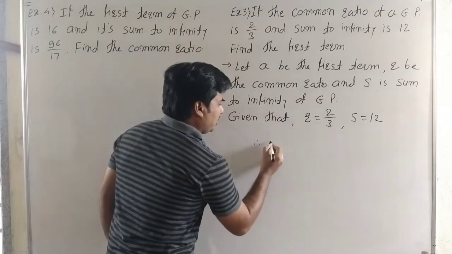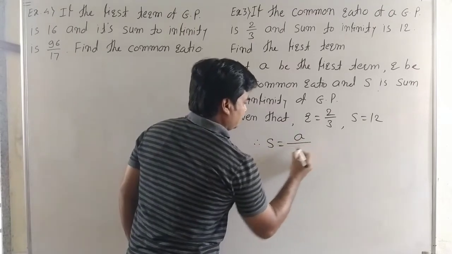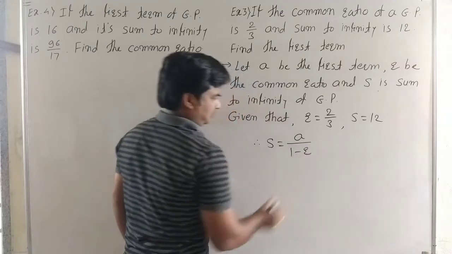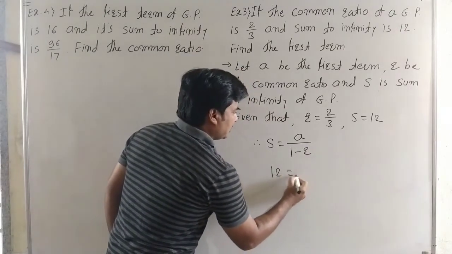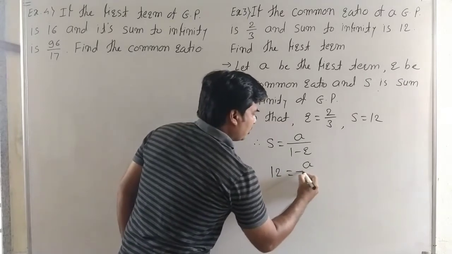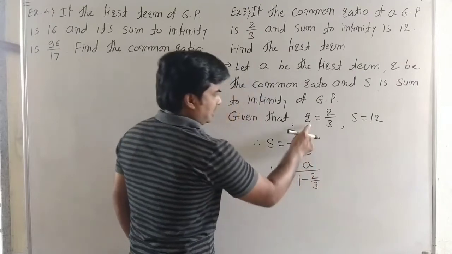We know that the sum to infinity S is equal to a upon 1 minus r. Now put the values: 12 is equal to a upon 1 minus 2 by 3, where r is 2 by 3.